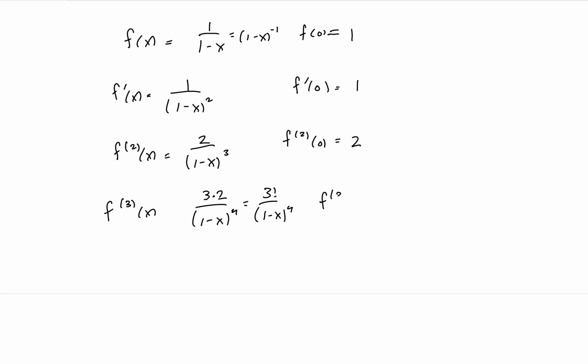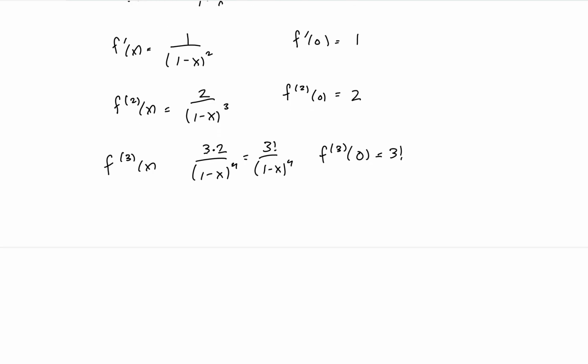And so f3 of 0 is 3 factorial. Finally, the fourth derivative, we want to go up to the fourth derivative because we're doing the fourth Taylor polynomial. So this is 4 times 3 factorial over 1 minus x to the fifth, which is exactly 4 factorial.